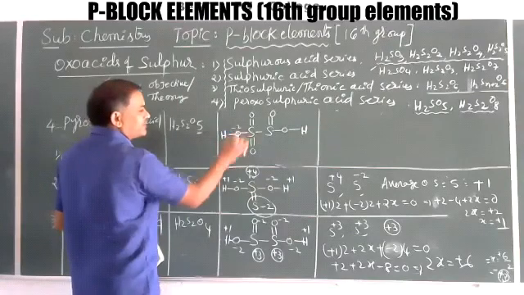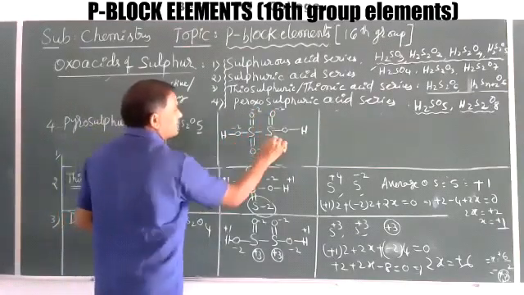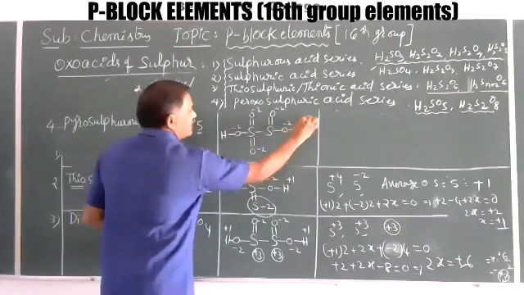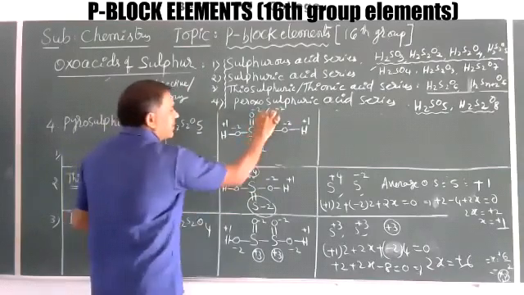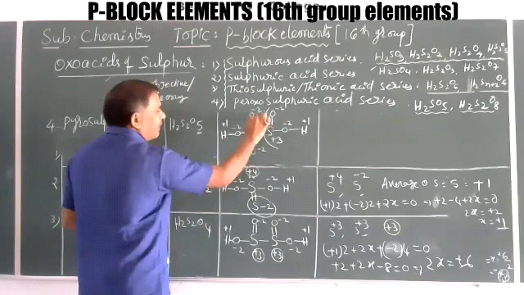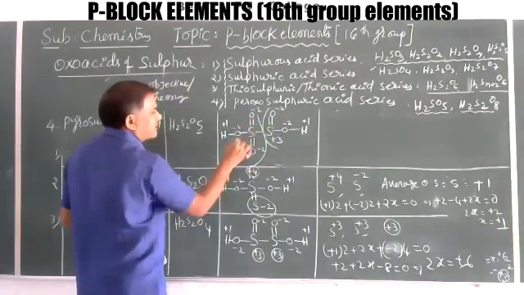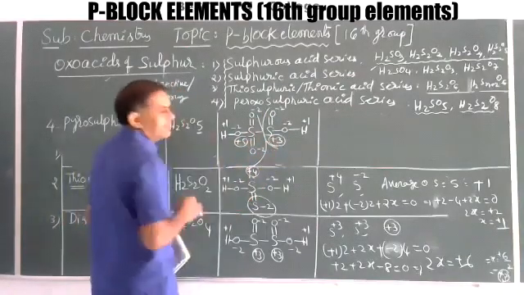Your oxygen is minus 2. This is minus 2, minus 2, minus 2, here minus 2, and here plus 1, and here plus 1. So if you take separately, for this sulfur the oxidation state is plus 3, and for this one the oxidation state is plus 5, like this, plus 3 and plus 5.